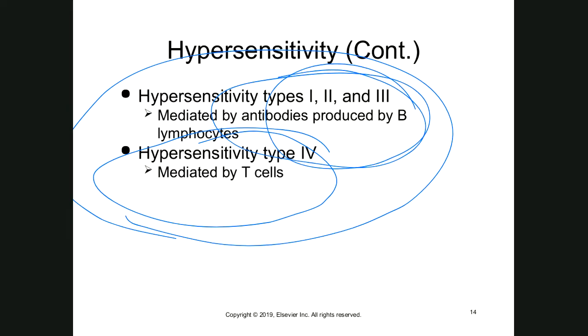Remember that the first 3 are related to the antibodies produced by the B cells, lymphocytes, and hypersensitivity type 4 is related to the T cells. I will make a true or false, or I will say the true or false is already done, related to these and it is in one test of 4. So you will see a question regarding this particular slide.